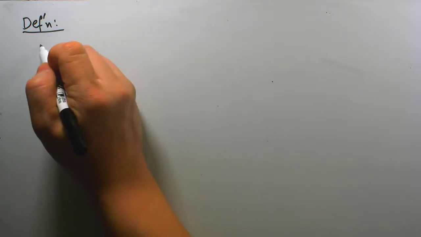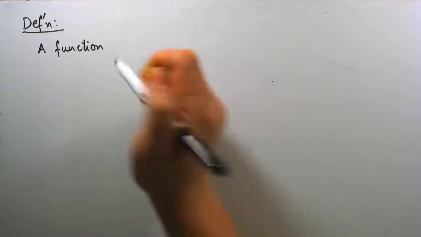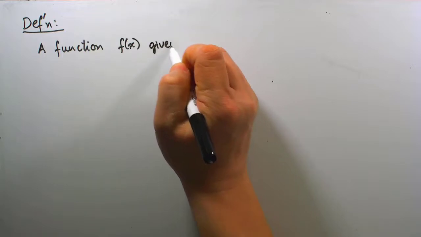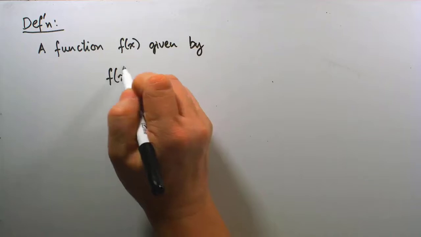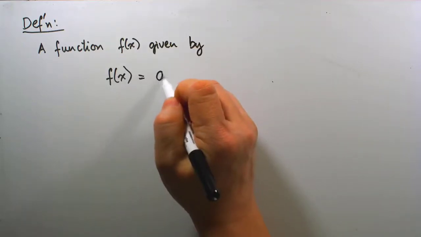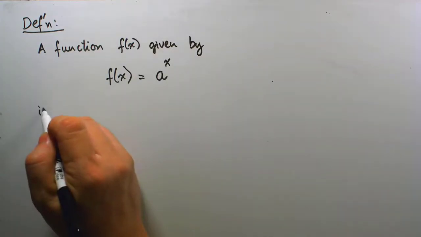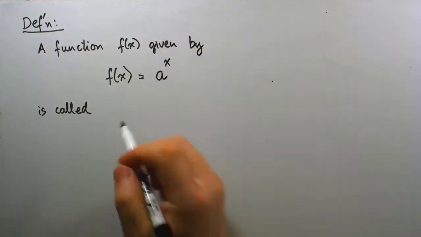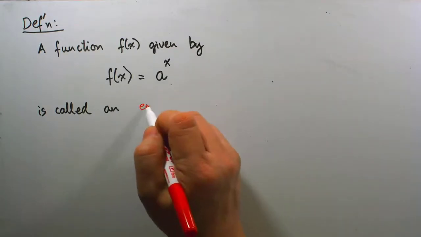A function f of x given by f of x equals a base a raised to the x power, a function like that is called an exponential function.